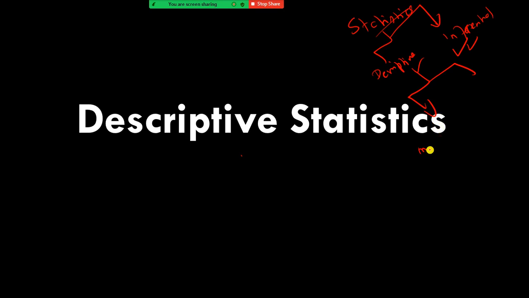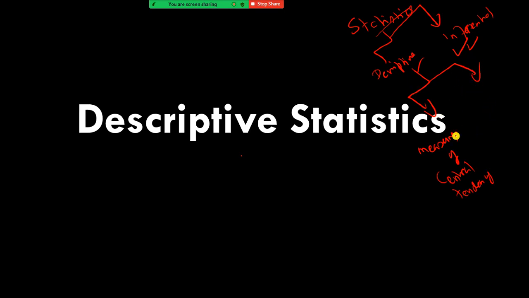The one is measures of central tendency. Here we are very particular about the location of the data, the central location of the data. The classic example is average. What is the average salary drawn by employees across the department?